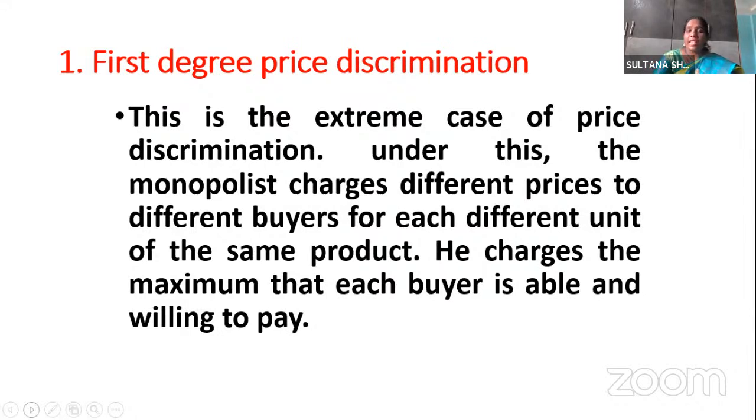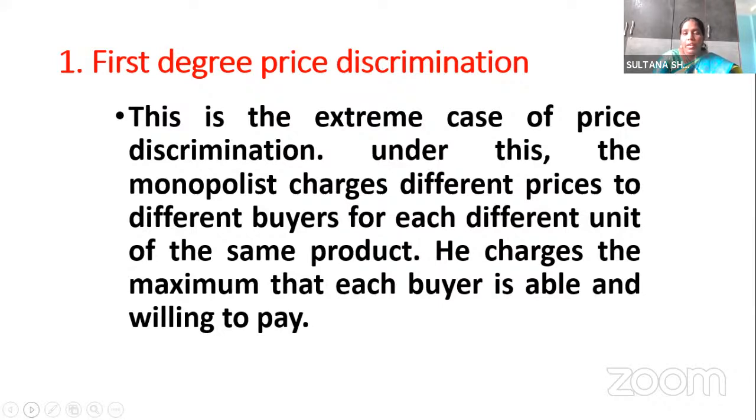In the case of first degree price discrimination, there is no possibility of consumer surplus. In such cases we can say consumer surplus is 0. When consumer surplus is 0, it means that much exploitation he is doing. Based on his product demand, he will put the highest charges.